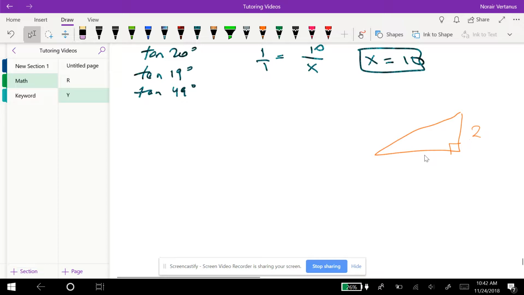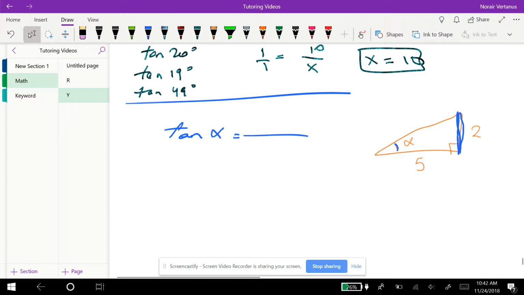This is given, it's 5. They're asking how much this angle is. I'm going to label it alpha. So I know that tan of alpha is equal to opposite over adjacent. Opposite is 2, adjacent is 5. So I need to find alpha.